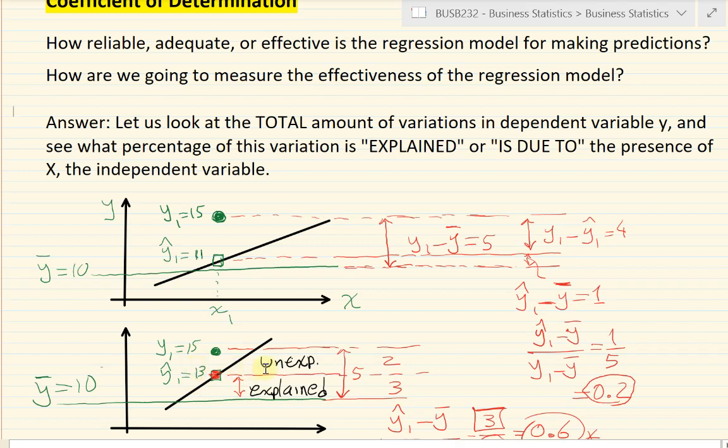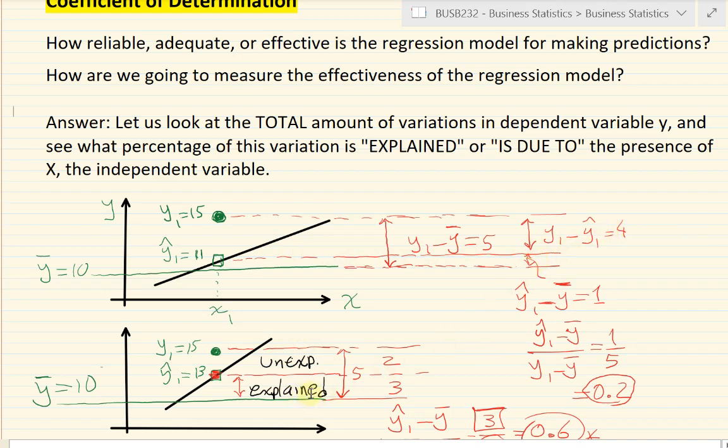That's unexplained. But the distance from here to here is called explained variation. So the 5 unit distance is now broken into unexplained 2 and explained 3. Compare that to up here, where the unexplained is 4 and explained is 1.